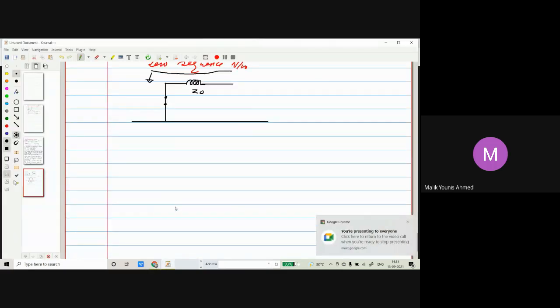Okay, let me draw this. Now, another combination we have. Let us say we have symbols here. I'm drawing it intentionally. Then we have the connection.